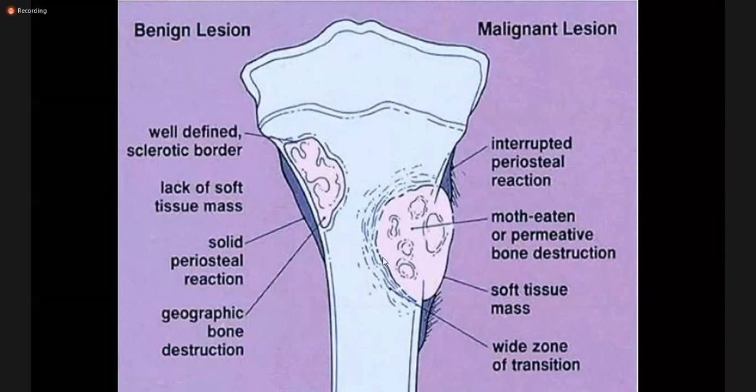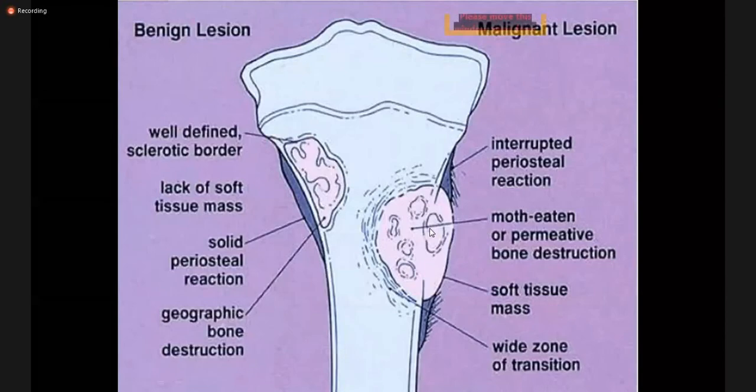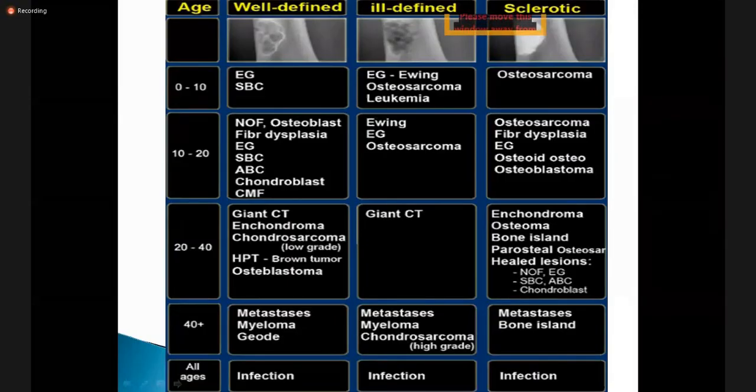But whenever there is an aggressive lesion, there is moth-eaten or permeative type of bone destruction with a wide zone of transition, and there is an interrupted periosteal reaction like the Codman or sunburst periosteal reaction, and these lesions are most commonly associated with a soft tissue component.